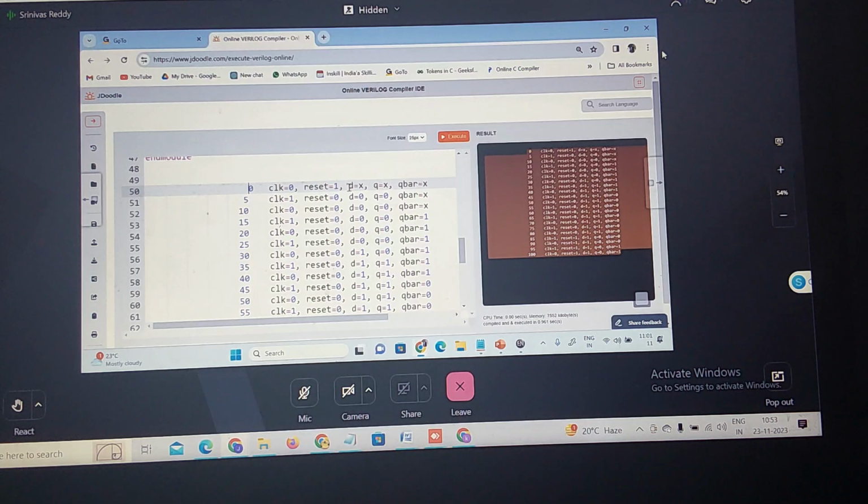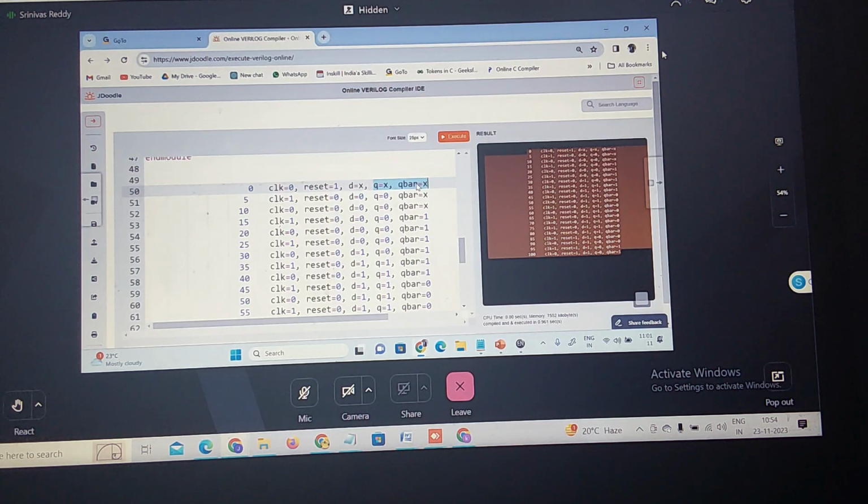And d is unknown. But when reset is equal to 1, what does it have to do? Irrespective of d, when reset is equal to 1, Q is equal to 0, Q bar is equal to 1. But what happens in this case is it is taking unknown at time t equal to 0.